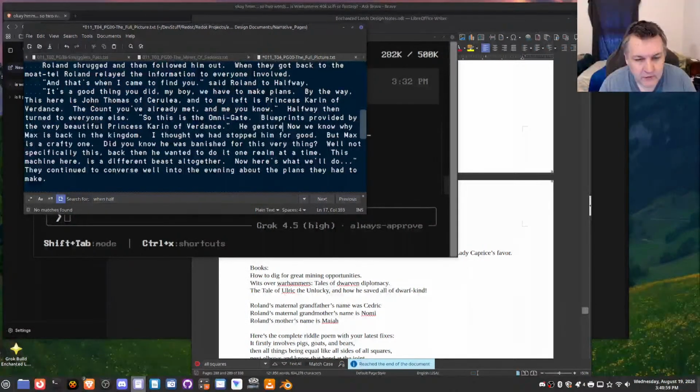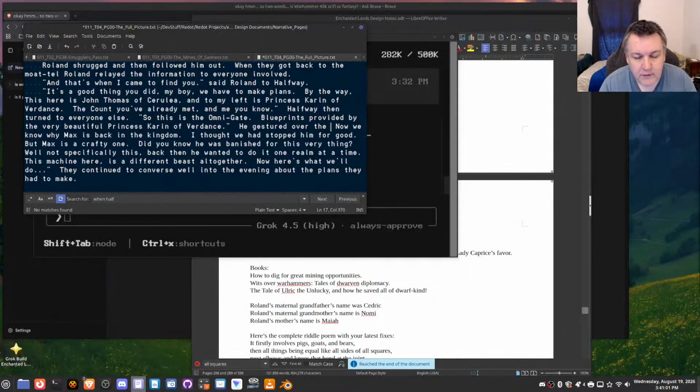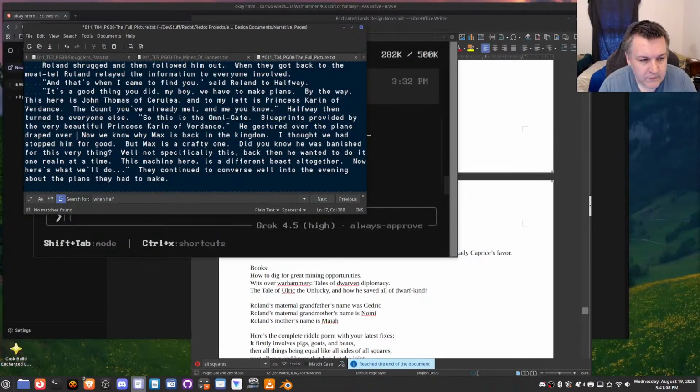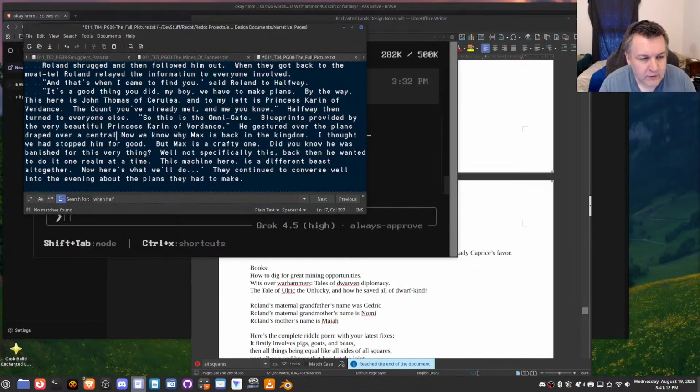He gestured over the plans draped for central for a table in the lobby. Lobby.